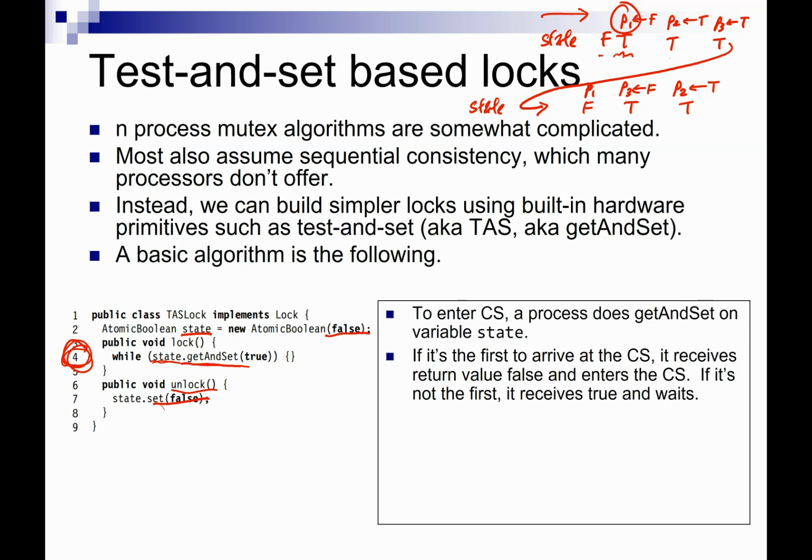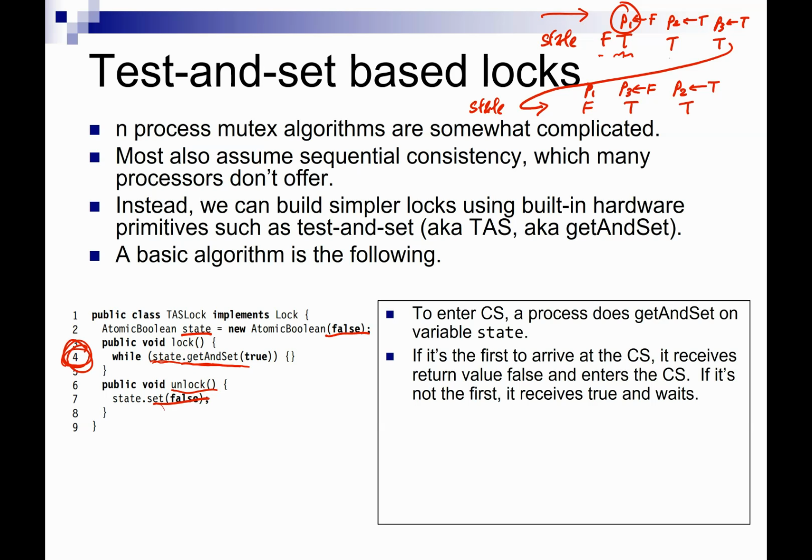So that's the entire procedure. You have a bunch of processes that come and want to get the lock, and the lock is currently set to false. Whoever does the get and set first gets a false value back, and he sets the lock to true, so he gets into the critical section. The other threads all get the value true back, so they wait.